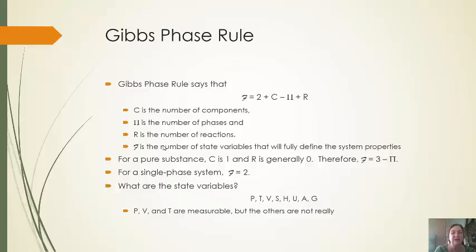But the other key thing is 3 of these variables are things that I can measure. So pressure, I can measure. Volume, I can measure. Temperature, I can measure. The rest of these, I really can't measure. And so how are we able to determine the values that should be for these variables?